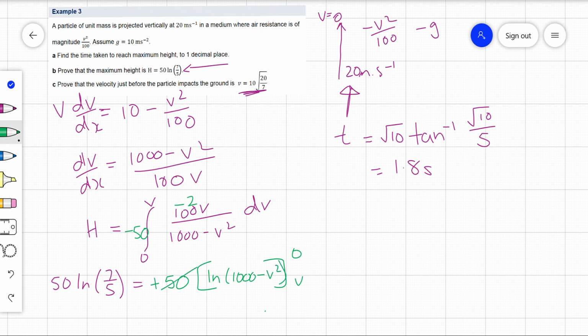Okay, now those 50s I can divide by 50, and here I'm going to get on this side log of, when I put 0 in I get 1000, when I put v in I get 1000 minus v squared. So you can see now if I exponentialize both sides I get 7 on 5 is 1000 on 1000 minus v squared.